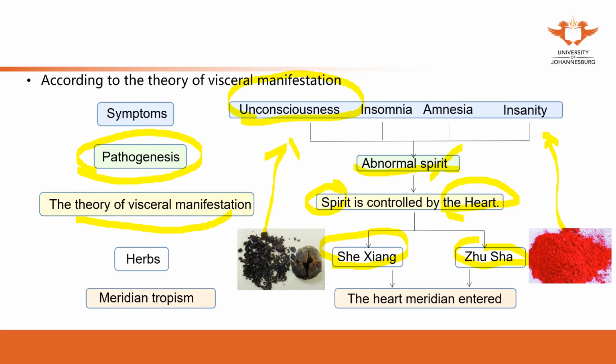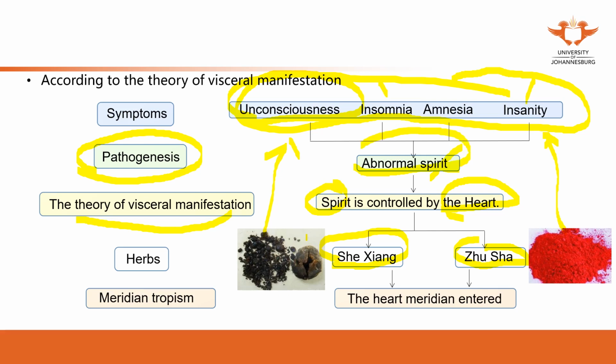Wusa can be used for insomnia, insanity. So these herbs can be used to treat these kinds of situations, and this situation is due to the abnormal spirits, which means due to the abnormal heart function.